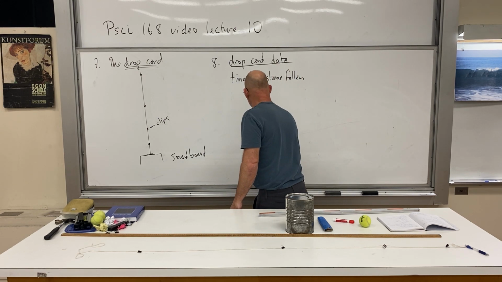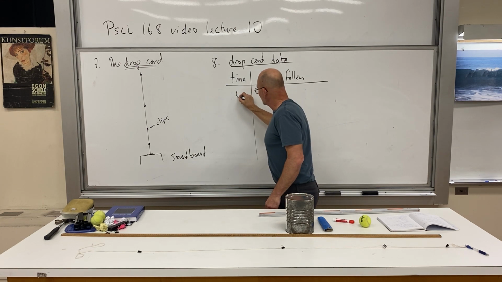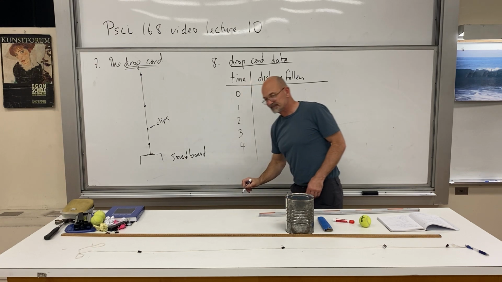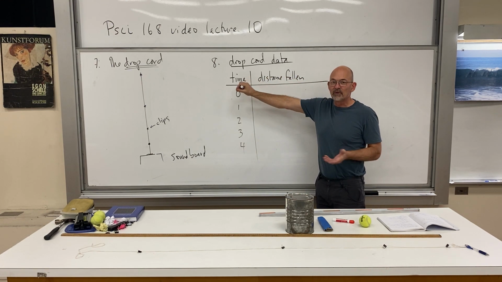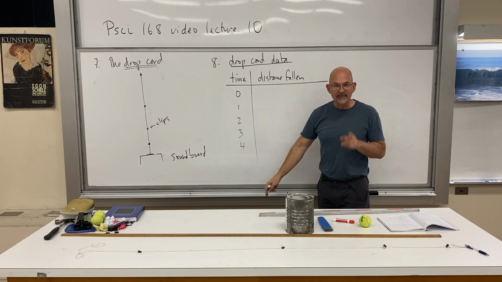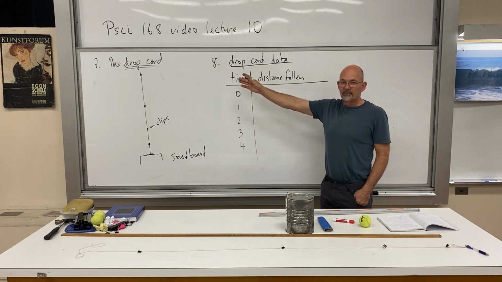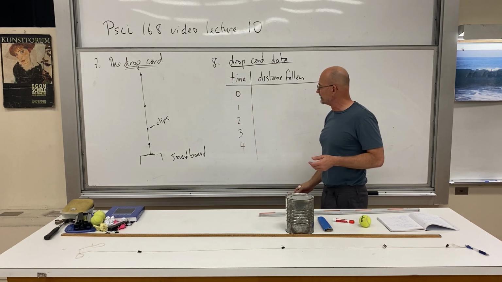So we had 0, 1, 2, 3, 4. Those were the times. The instant I released it was 0, and then 1, 2, 3, 4, evenly spaced times. So the units don't matter. We don't know if it's a second or a half second or what, but it's evenly spaced.